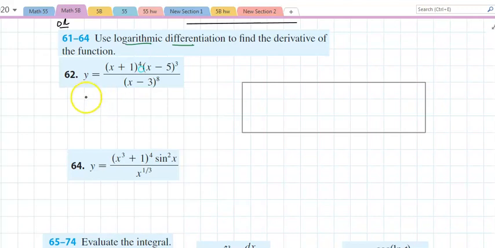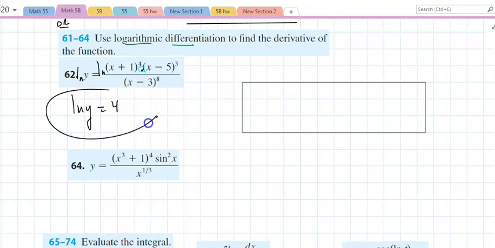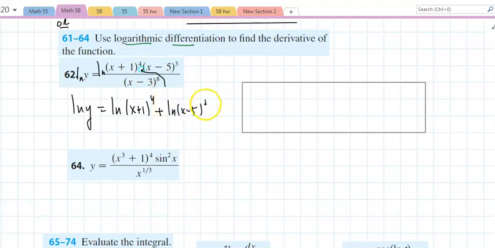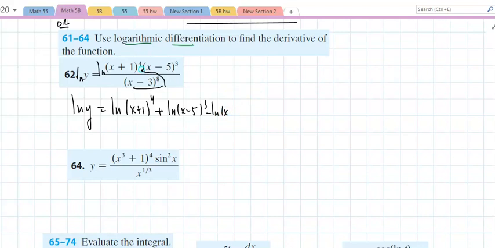If I take the natural log of both sides, I could say natural log of y is, I'll do it in 2 steps so you guys don't get lost, natural log of (x plus 1) to the 4th plus natural log of (x minus 5) cubed minus natural log of (x minus 3) to the 8.